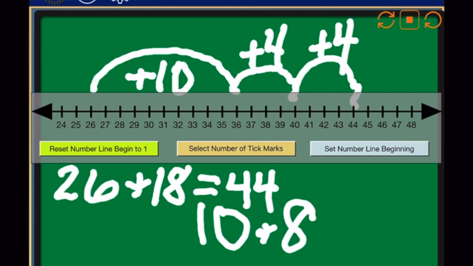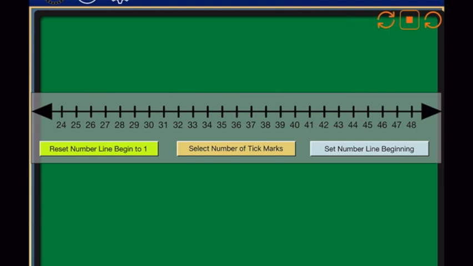Another one that we can use that is very similar is move some to make a 10. So for this one, 26 plus 18, what I could have done is start at 26, and I think of my closest 10 is 30, and I know 6 plus 4 is 10.